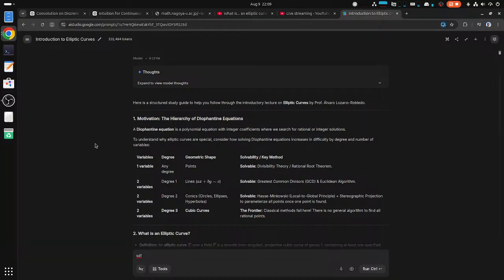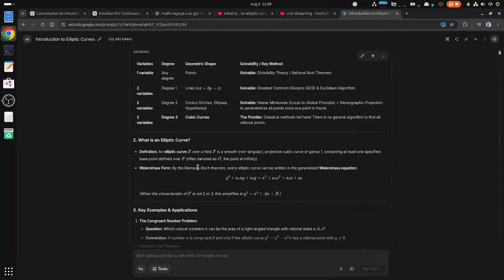Now, what is an elliptic curve? Definition: an elliptic curve E over a field F is a non-singular curve.